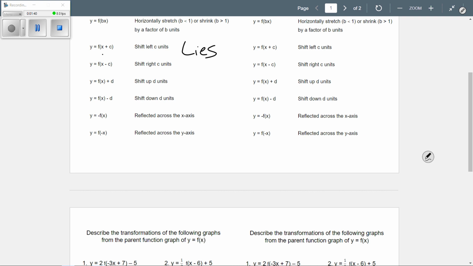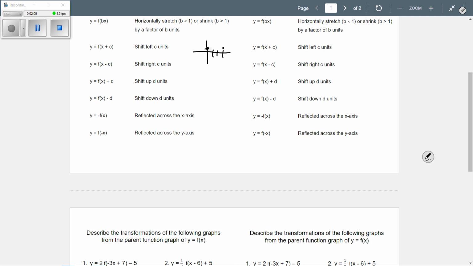So if this was x plus 3 inside the parentheses, you're going to go left 3. Okay? There's no trick, there's no solving. If your point is at 3, 1, and I said shift left 3 units, 1, 2, 3, you're over here now.